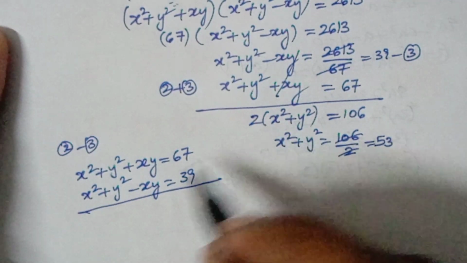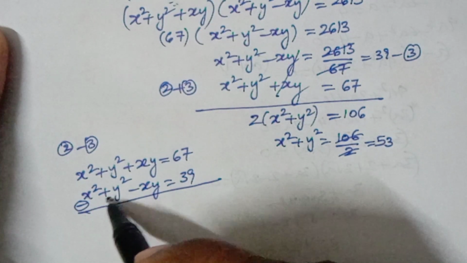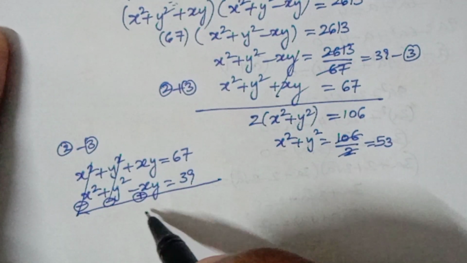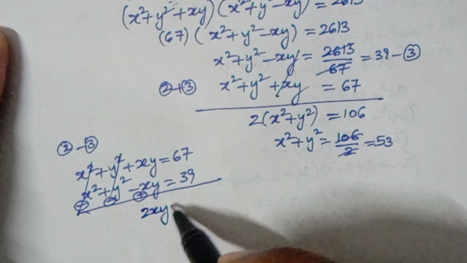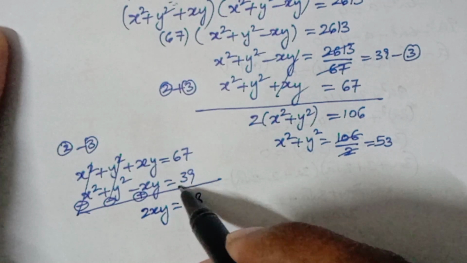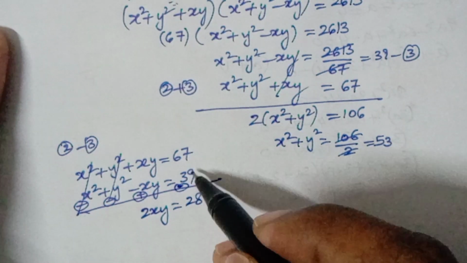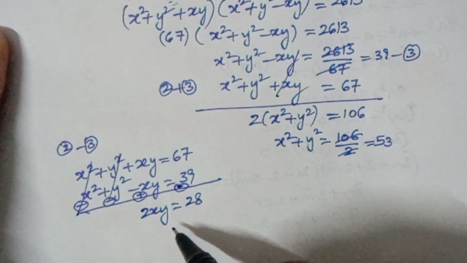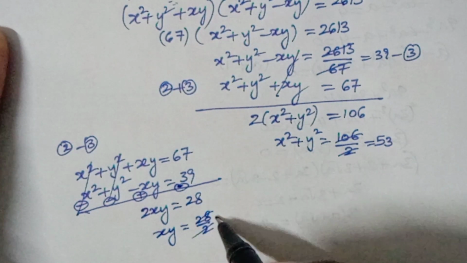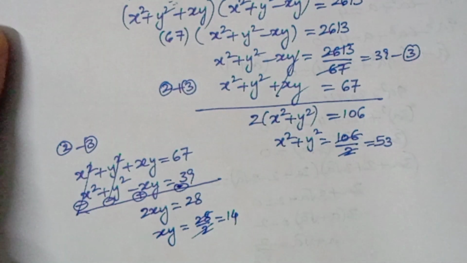Here I am doing subtraction, so the signs will change. So x^2 + y^2 gets cancelled. 2xy is equal to 28, 67 minus 39 is 28. xy is 28 by 2, you will get 14.